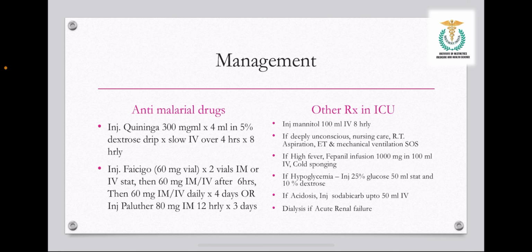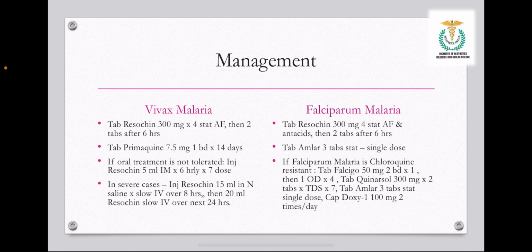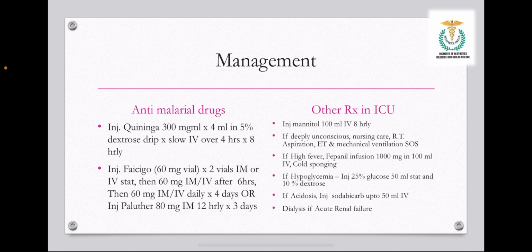Next is the anti-malarial drugs. So here you can advise injection quinine 300 mg per ml, 4 ml in 5% dextrose drip, slow IV over 4 hours and then 8 hourly.